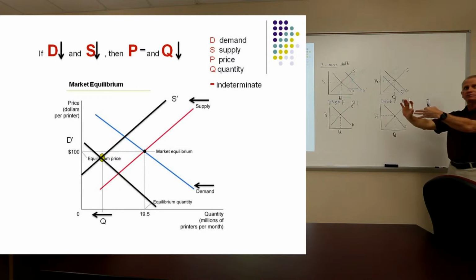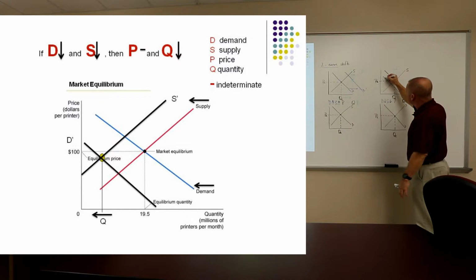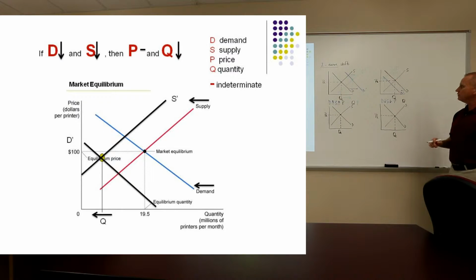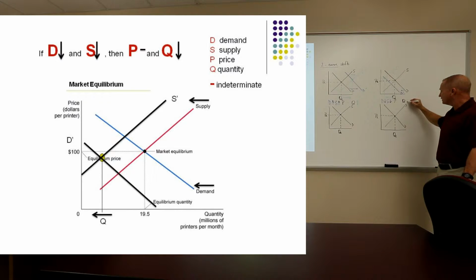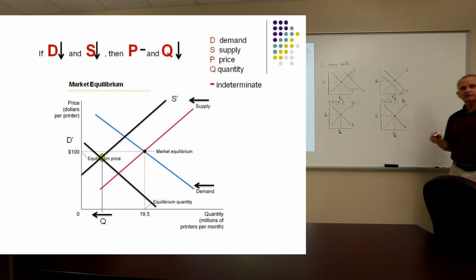That means it shifts to the left of both. There's my new equilibrium now. What happened to quantity? Decrease. Quantity went back to this new amount. It's definitely decreasing. No other way, no other thing it's going to do. It's got to go down.